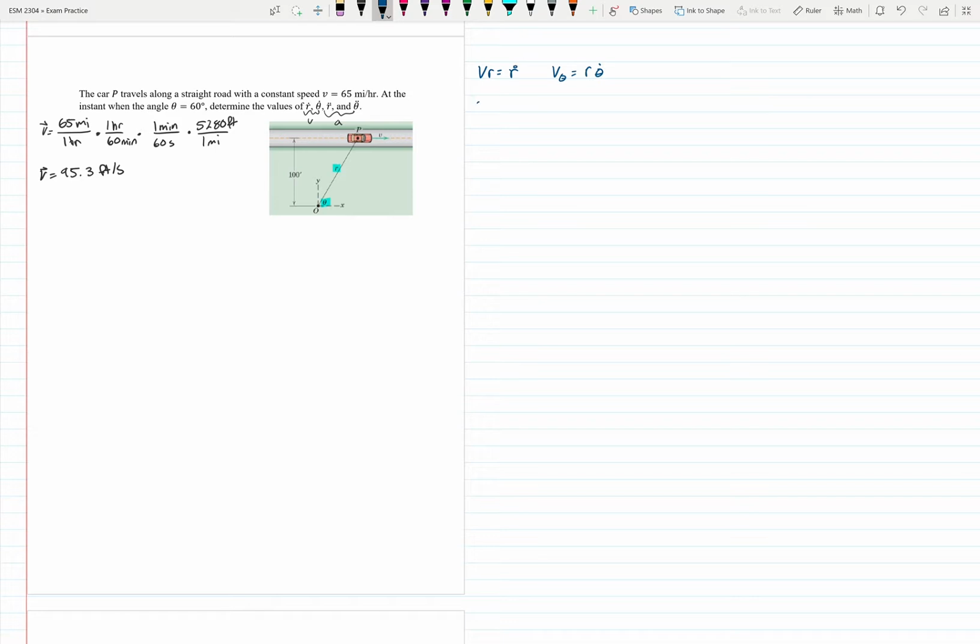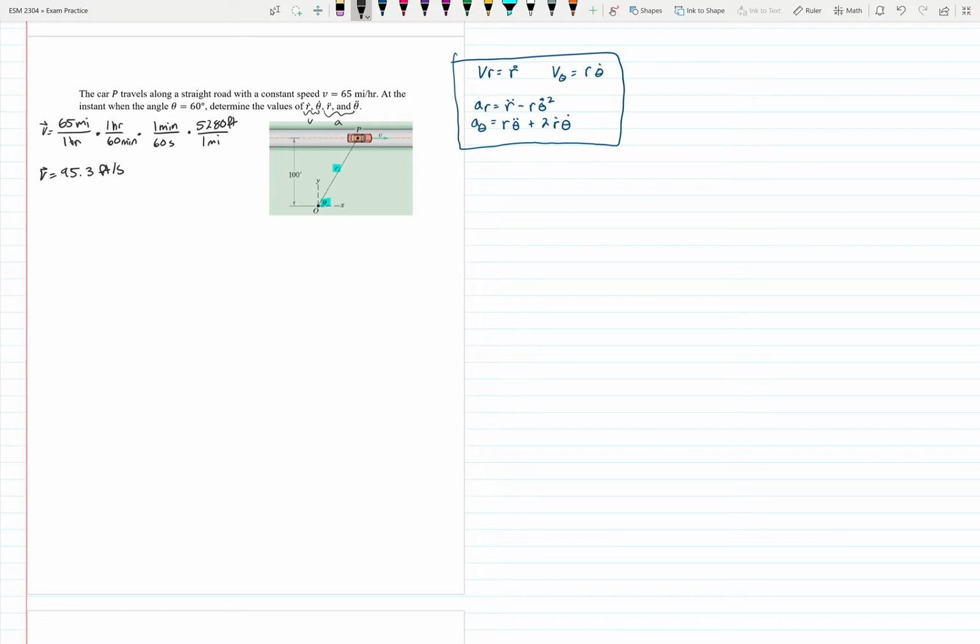Then acceleration in the r direction is equal to r double dot minus r theta dot squared. And acceleration in the theta direction is equal to r theta double dot plus 2 r dot theta dot. Right, so using these equations and some basic trigonometry, solving this problem actually isn't that difficult when you consider using polar coordinates. And this is often an introduction to polar coordinates problem.